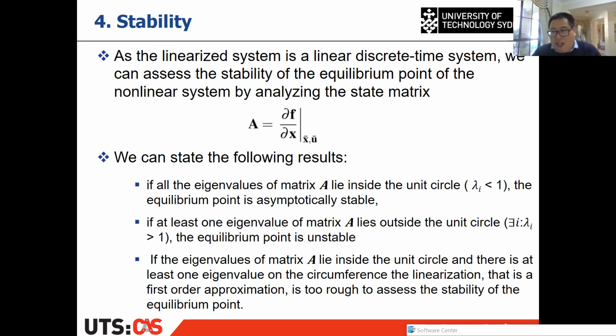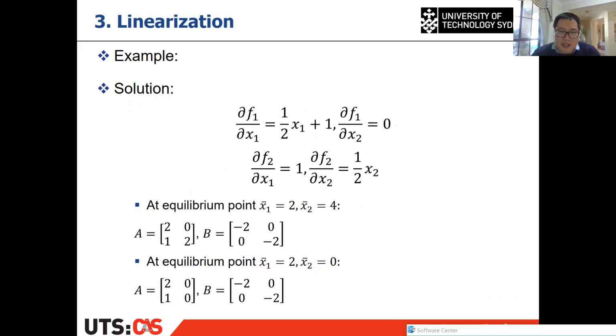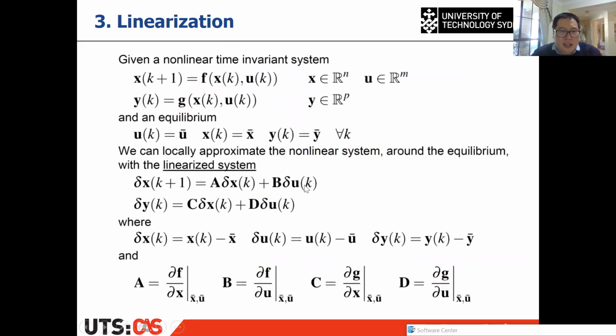The nonlinear case is a bit different, right? In the nonlinear case, again, if you analyze the linearized system, this system will converge to 0, right?